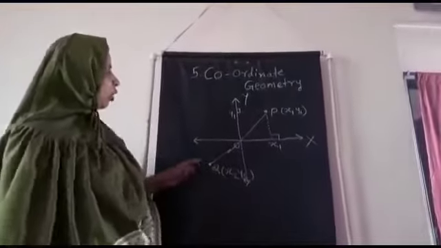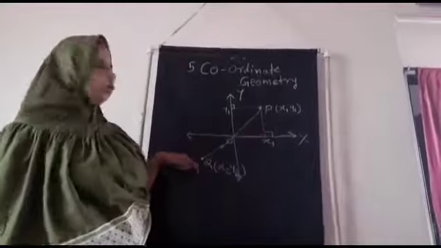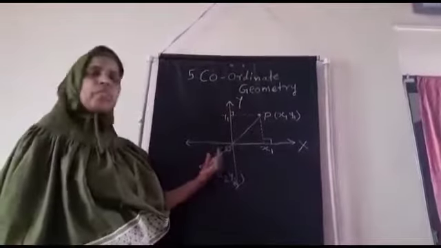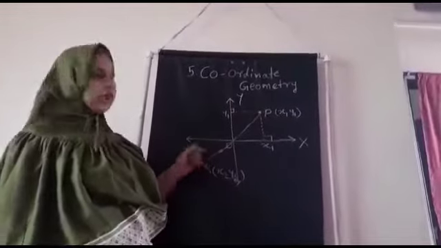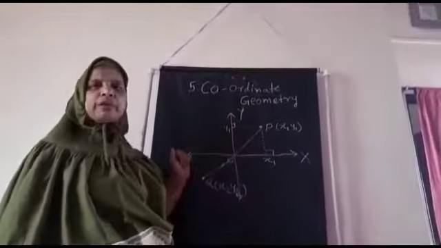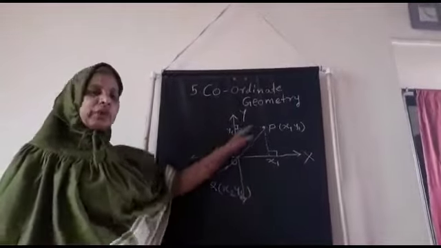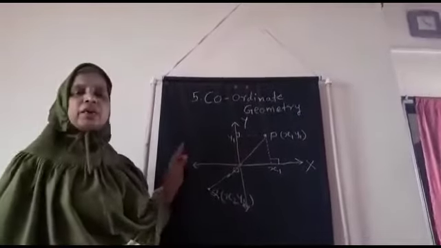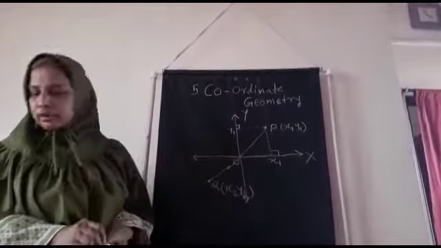Whenever we want to measure the length of PQ, we can easily measure it with the help of a scale. But here in coordinate geometry, we can use another method to find the distance between points P and Q. Now let us see which formula is there to find the distance PQ.